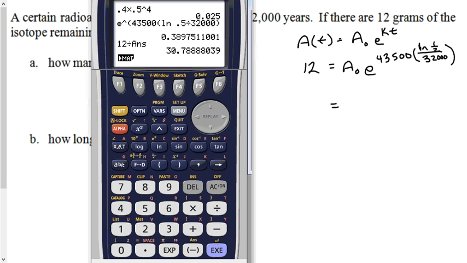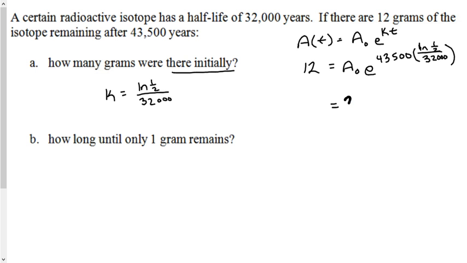And then we took that and did 12 divided by that. Like that's kind of gross, but it works. So we get 30.789, and that's going to be grams.